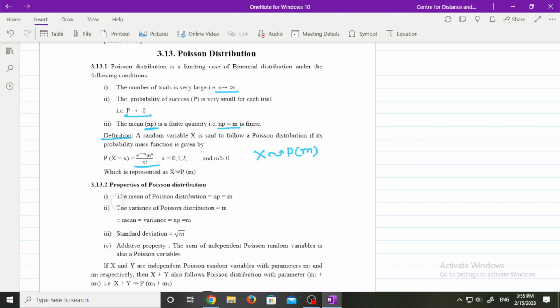Now we learn about properties of Poisson distribution. First, the mean of Poisson distribution is np, which is equal to m. Then the variance of Poisson distribution is also m, that is, in Poisson distribution the mean is equal to the variance, which is equal to np, which is equal to m.